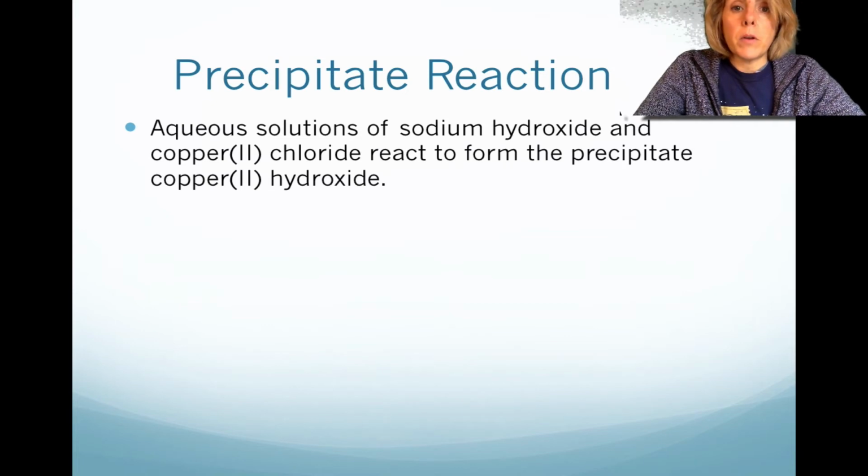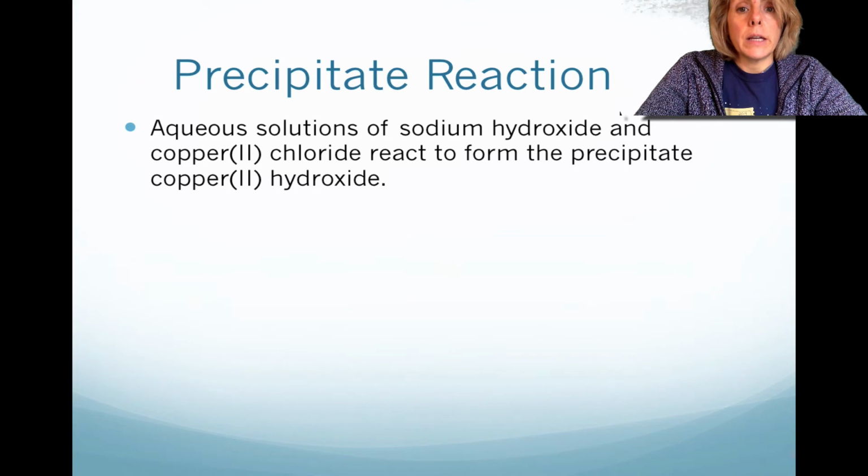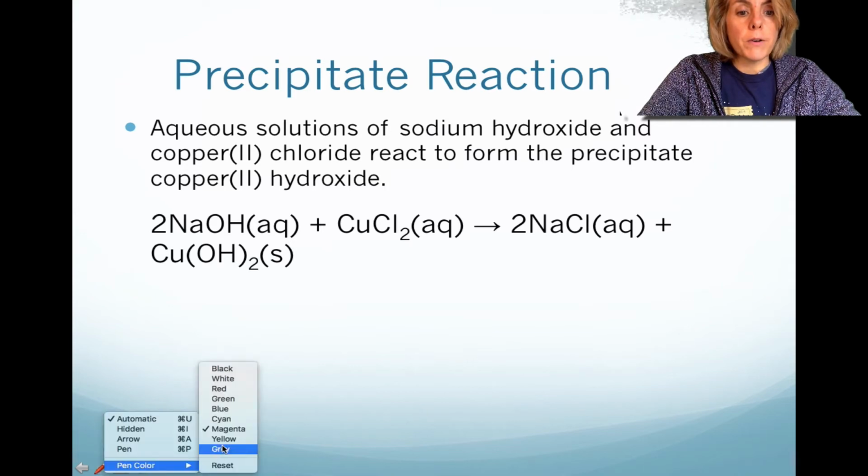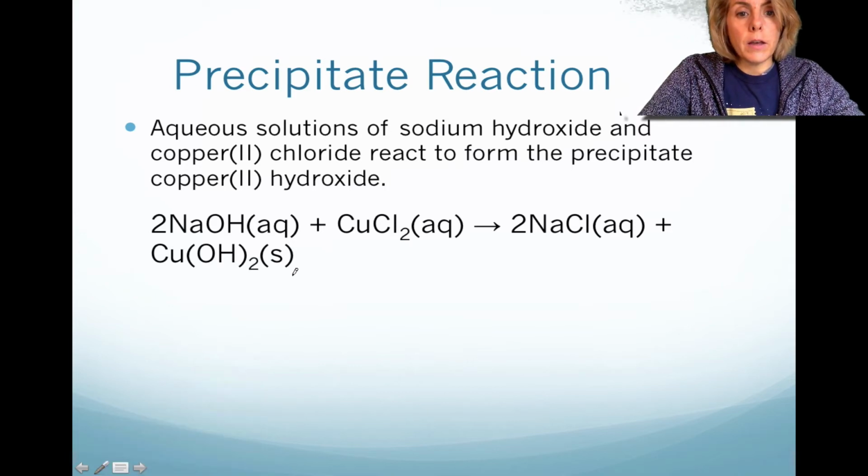So here's an example of sodium hydroxide and copper 2 chloride dissolved in water, and as a result they form a precipitate. So it would be written like this, and notice that there's AQ written after each compound. However, if you look at the precipitate, it has an S at the end. So if it's a precipitate, it will not be in the aqueous phase.